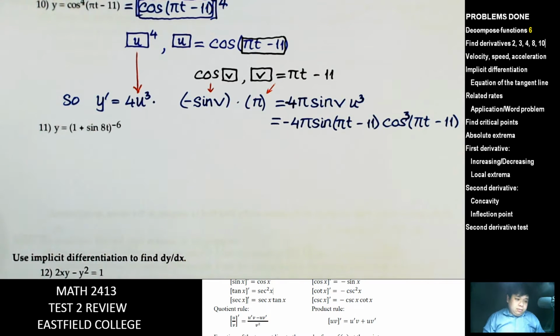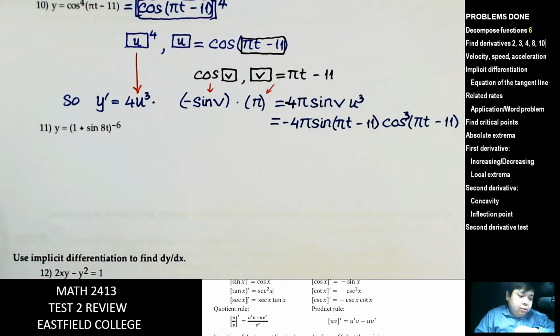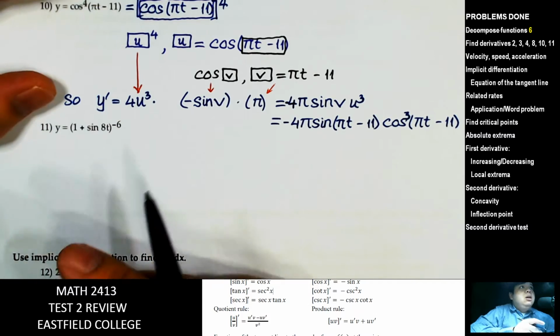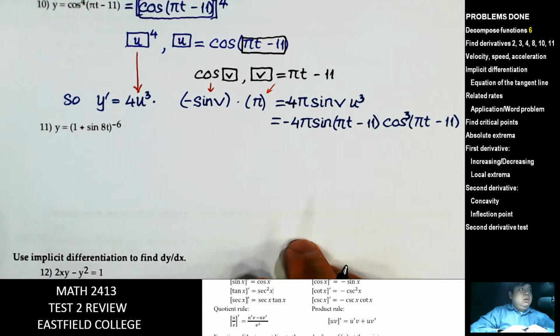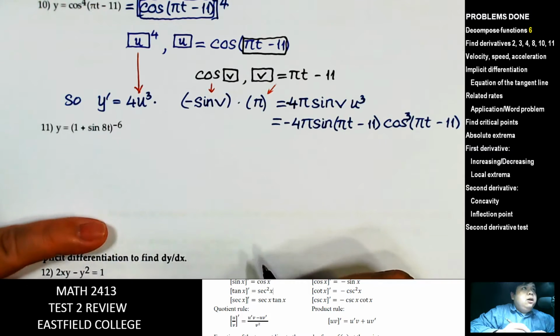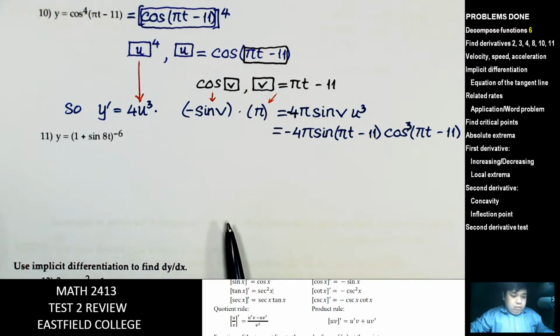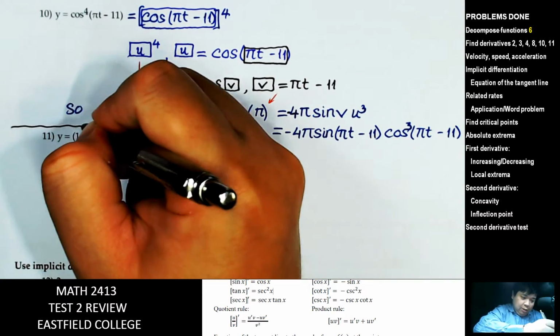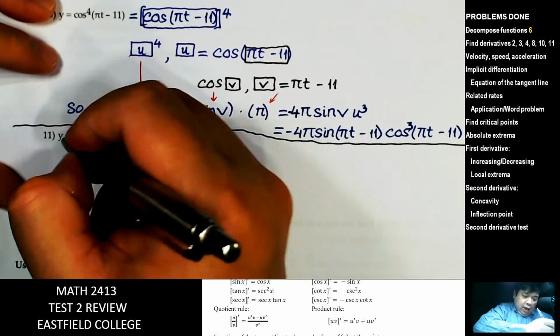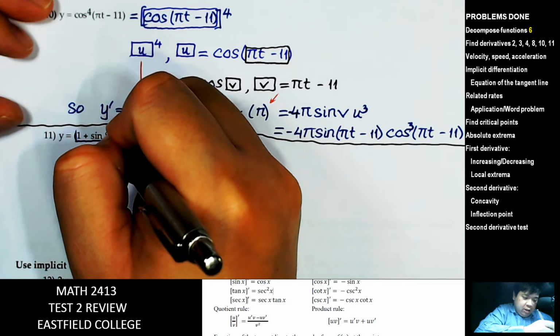So that was 10. Now 11. So I put this in the box inside the parentheses.